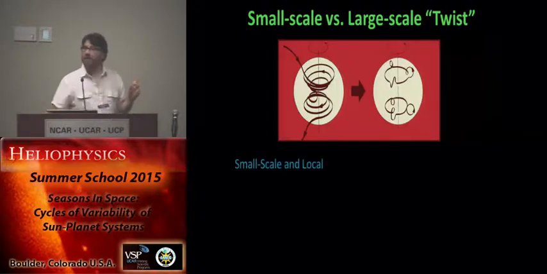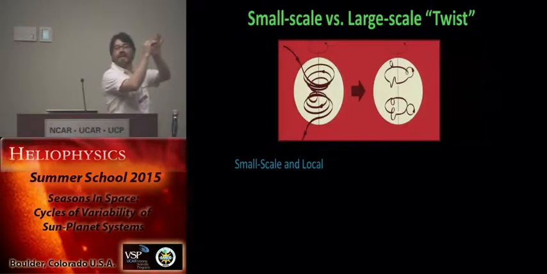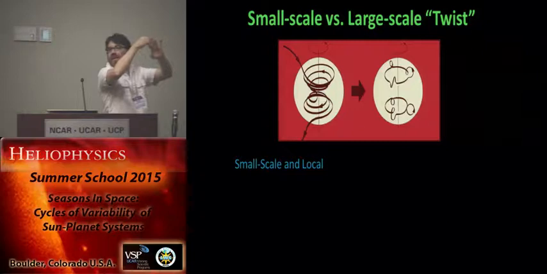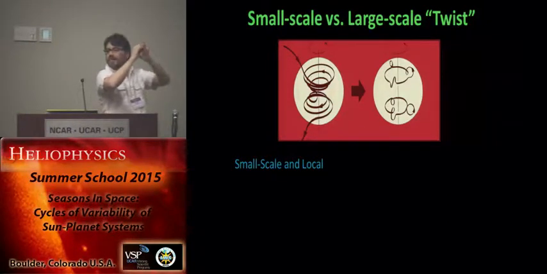You can have small scale and local, where you are pinching very small everywhere. You make these very small pinches, but many of them, and so you are creating this large-scale poloidal field, right?